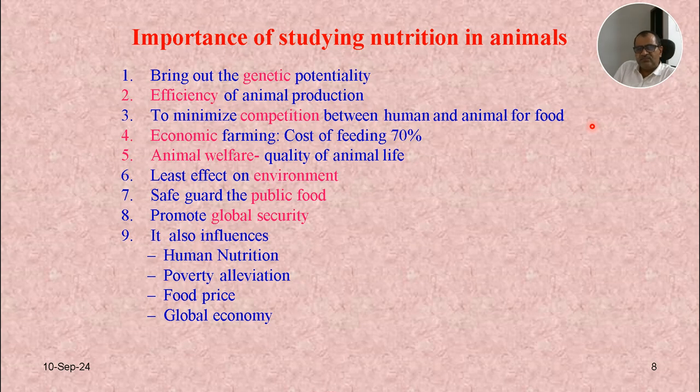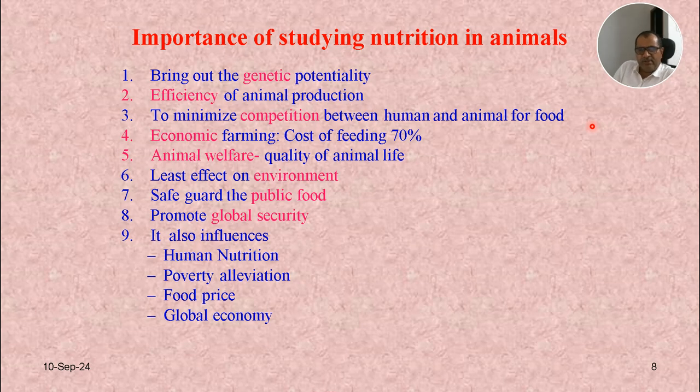Whereas a few of the predator animals do compete for human food, and hence we need to segregate all these things. The food of the animal should be given to the animal, and the human food should be separate, so that there should not be any competition for a common feed source between humans and animals.